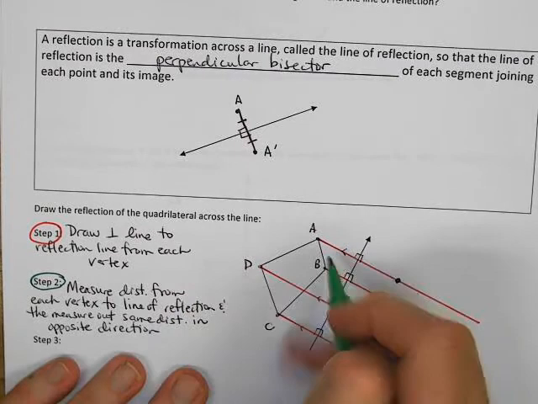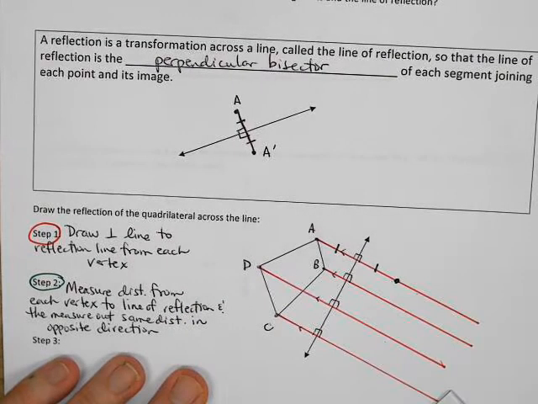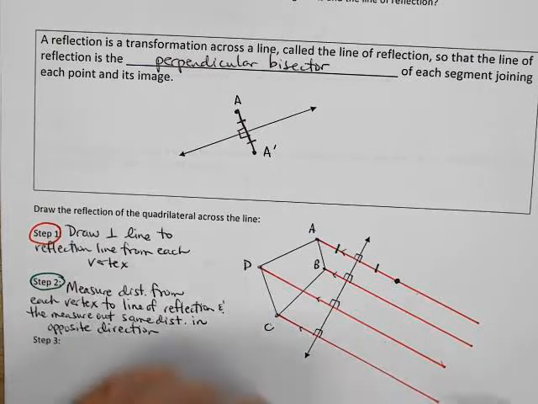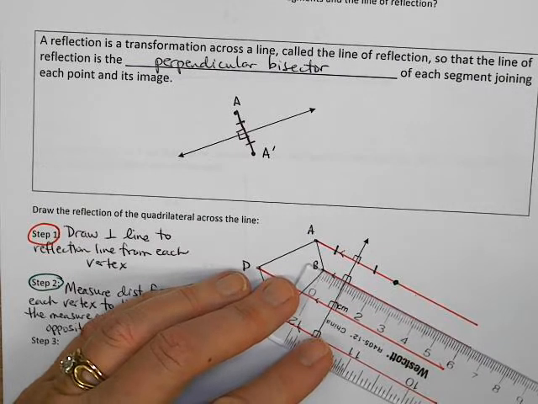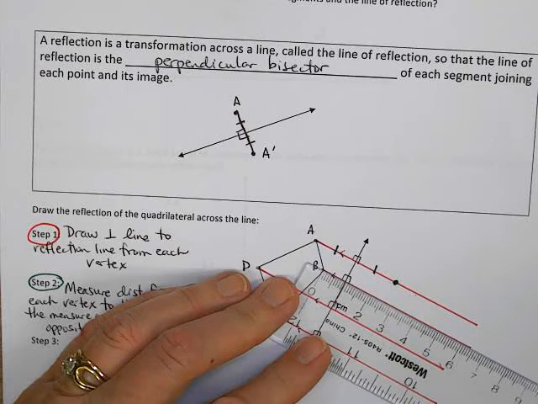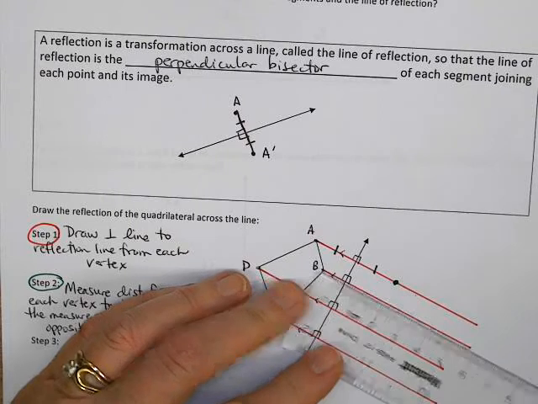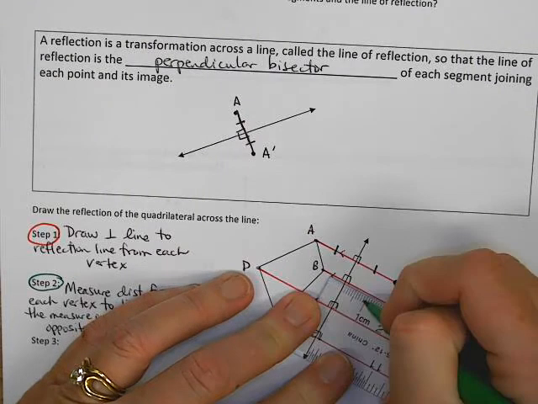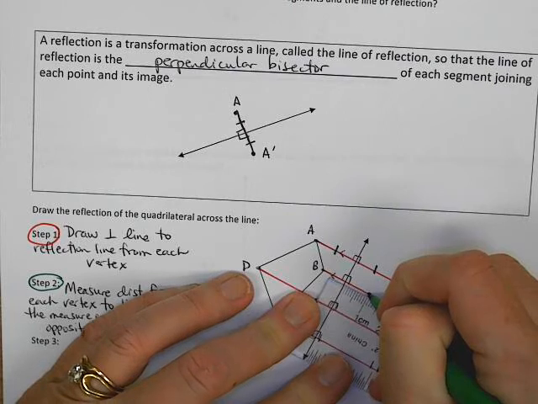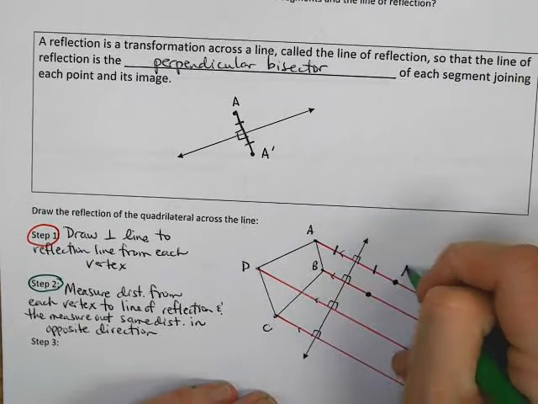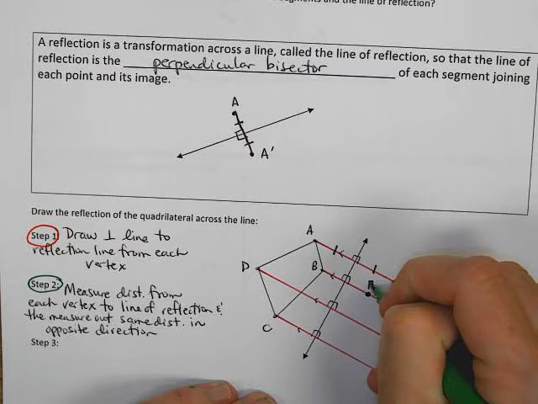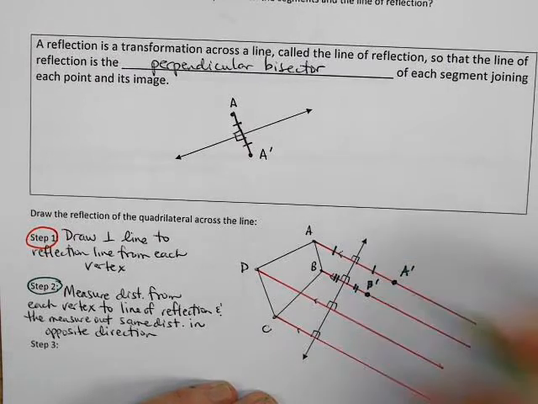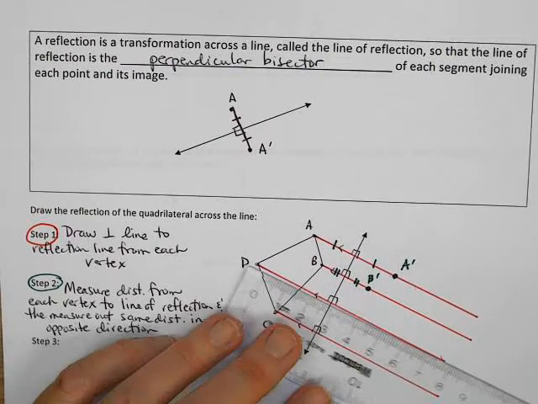So I'm creating that congruence piece. Okay, so now I'm going to do it for B. I'm going to measure on my red line, B to the line. It looks like exactly a centimeter. So if I measure a centimeter out, all right, this could be A prime, this would be B prime. I've preserved that congruence piece, the bisector piece.